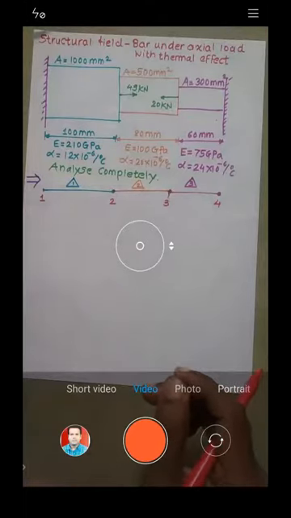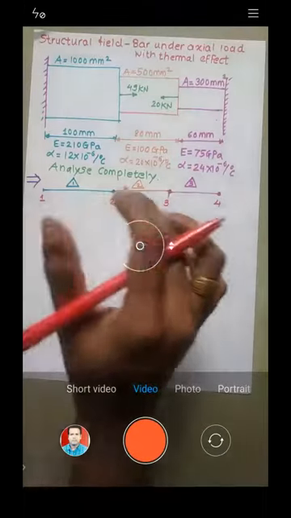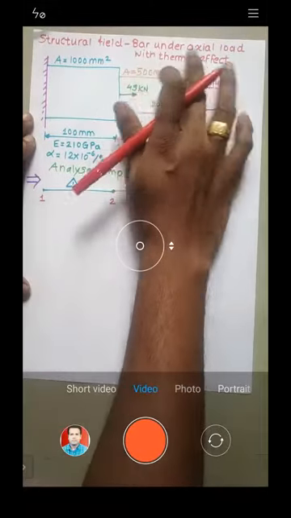Now we have discretized it. We got the elements and we got the nodes. The problem belongs to the structural field, which is basically a bar under axial load.